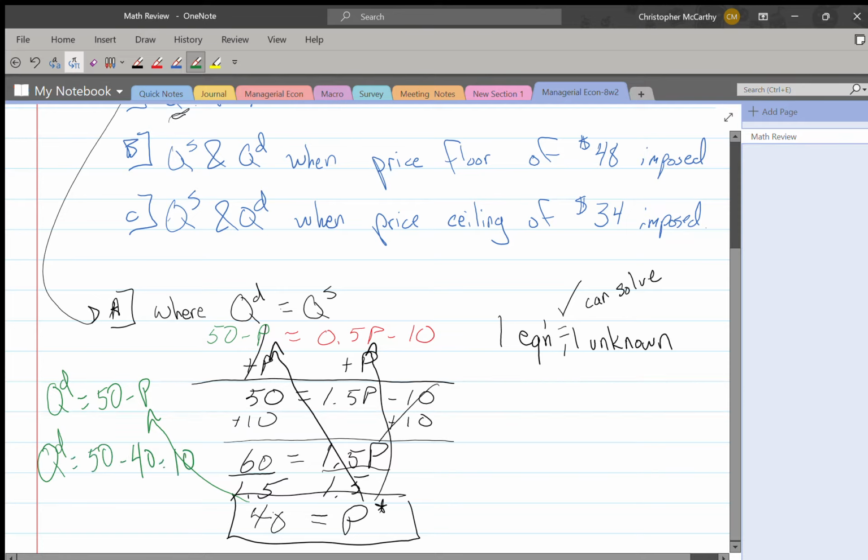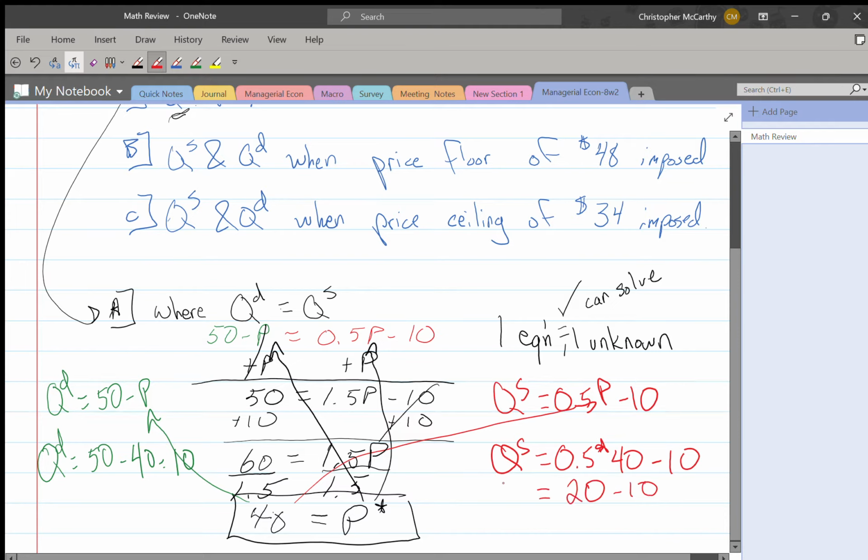Now let's do it in the quantity supplied equation. The quantity supplied is equal to 0.5P minus 10. We're going to put that 40 into the P, so quantity supplied is equal to 0.5 times 40 minus 10. 0.5 times 40 is 20, and 20 minus 10 is 10.